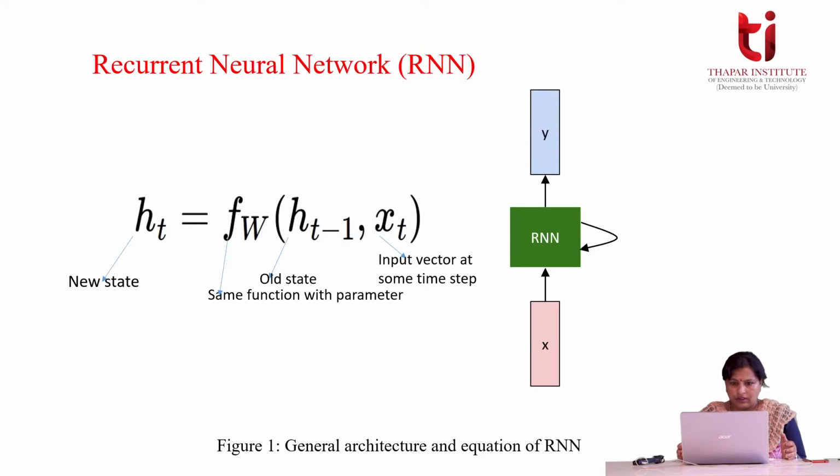Now, the general architecture and equation of RNN. In this equation, ht equals fW of ht minus 1 comma xt. Here ht is the new state, fW is some function with parameter W, ht minus 1 is the old state, and xt is an input vector at some time step.